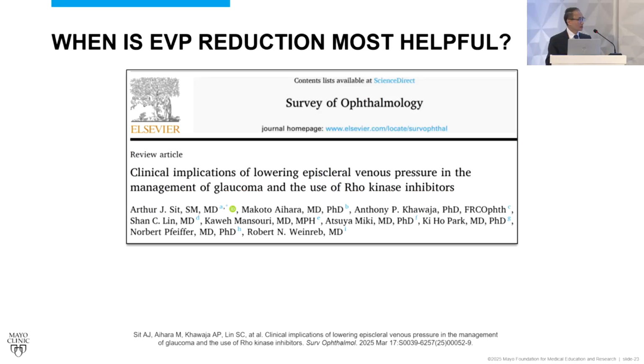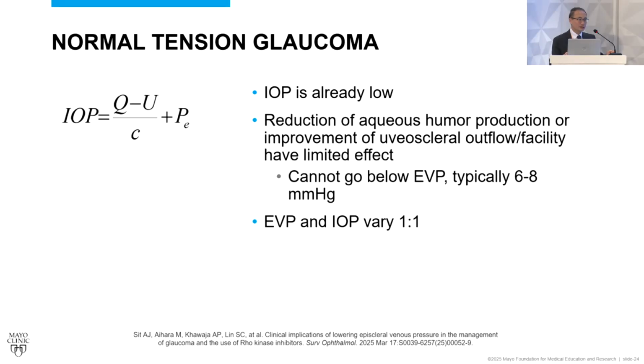So, knowing that EVP is regulated and we can modify EVP, when is EVP reduction potentially most helpful? I point to this article, which was just published a couple of weeks ago, where we review a lot of this information. There are definitely some patient groups where reduction of EVP may be most helpful.